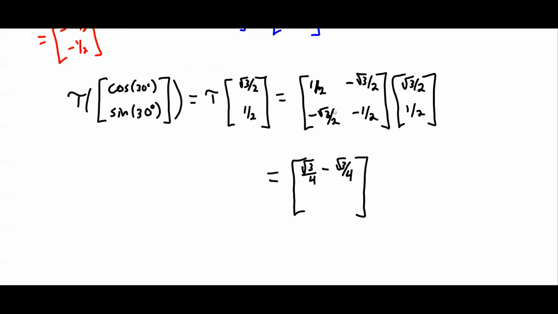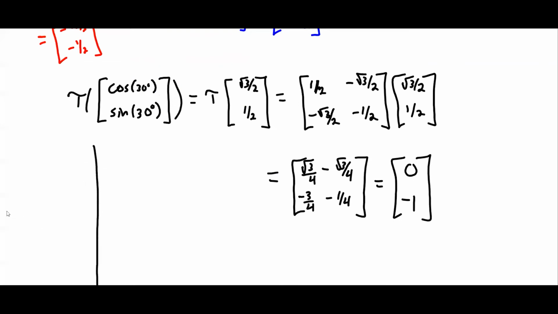And this one's going to be negative 3/4, and this is negative 1/4. So that's going to be 0, and that's going to be negative 1. 0, negative 1. So let's see if this actually works.